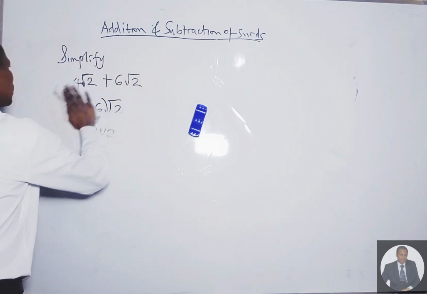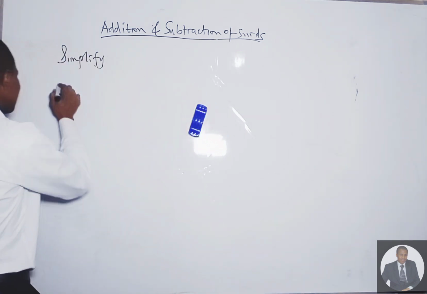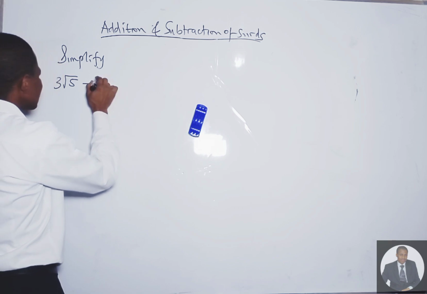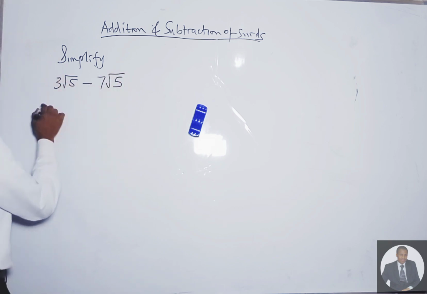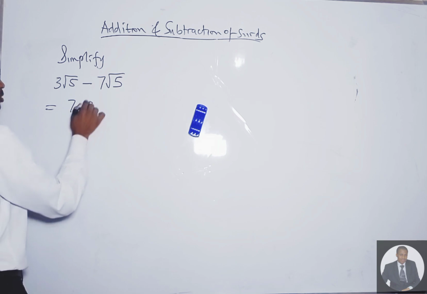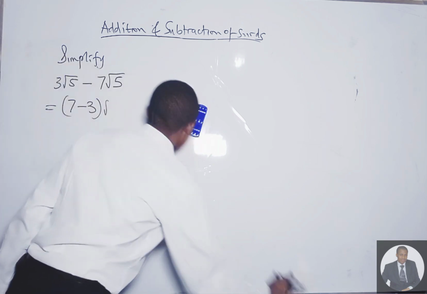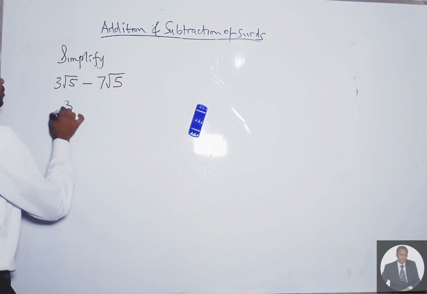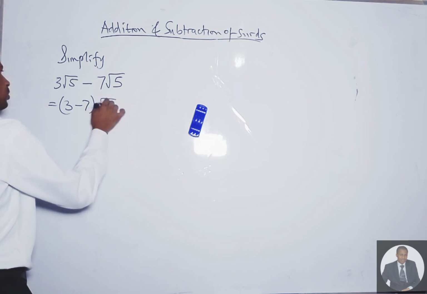Now, let's look at another question. Simplify 3 root 5 minus 7 root 5. This is just like saying 3 minus 7, then root 5.